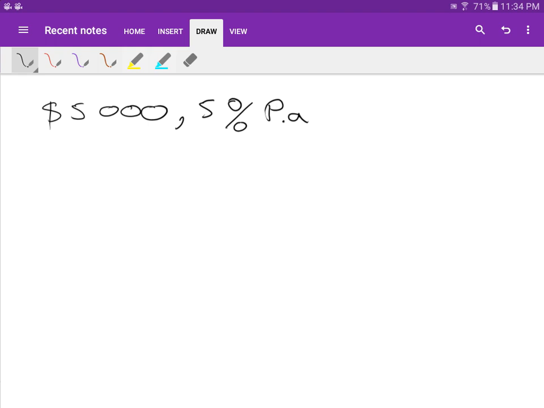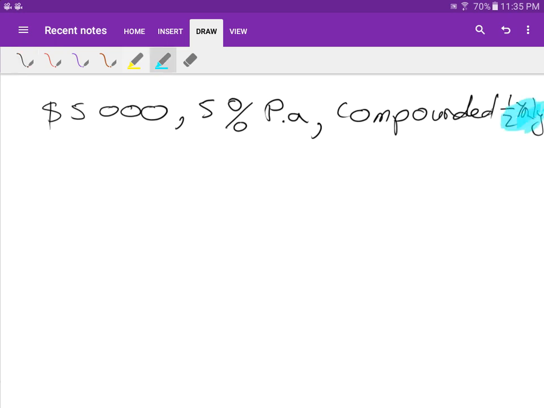And this time it is compounded half yearly.